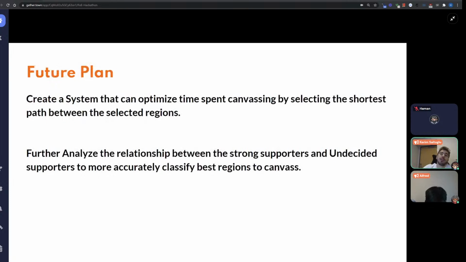I don't want to belabor the same point, but in the data that we found, we want to create an analytical number to rate the regions. We want to further analyze the relationship between the number of undecided people, strong supporters, and uncontacted people, and come up with an index for each region as one single number, perhaps a ratio or something like that.